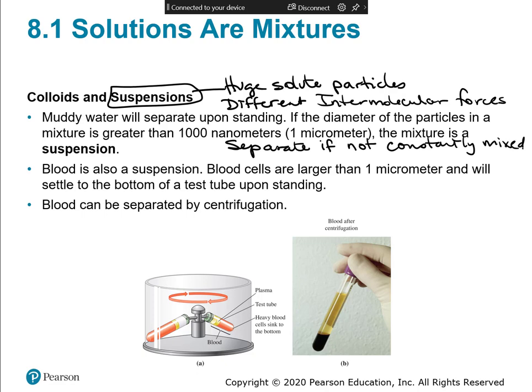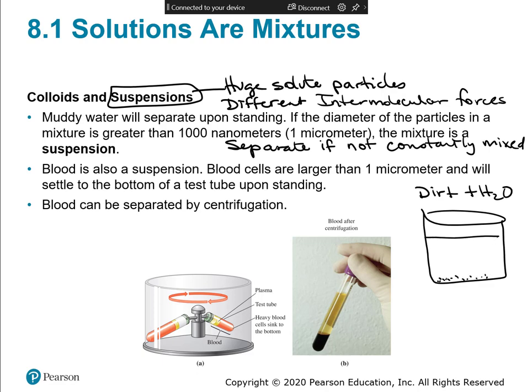An example of this is just dirt and water. The particles of dirt are really big. If I shake this up, it'll get really cloudy, so the dirty water looks real cloudy.